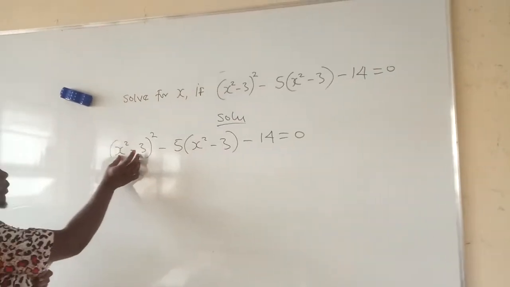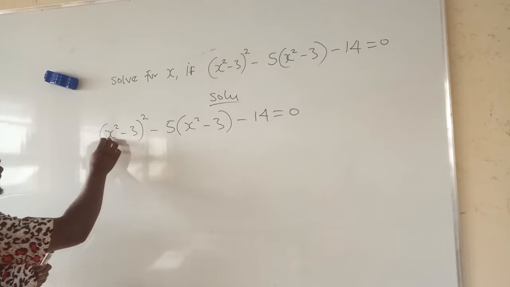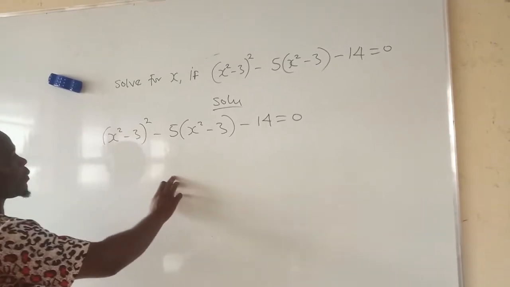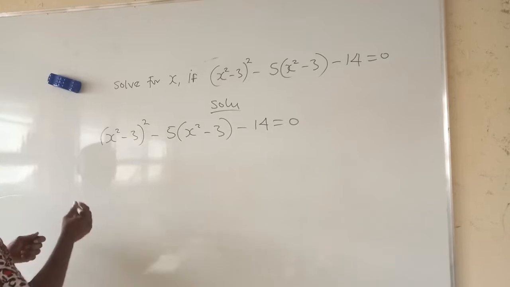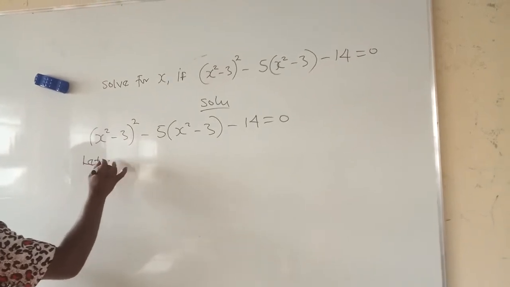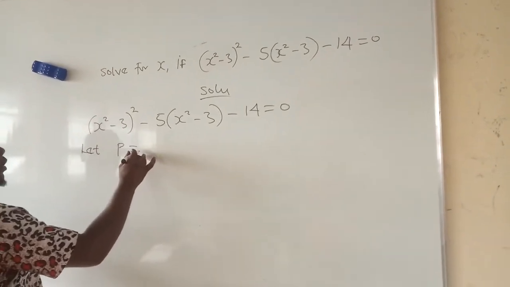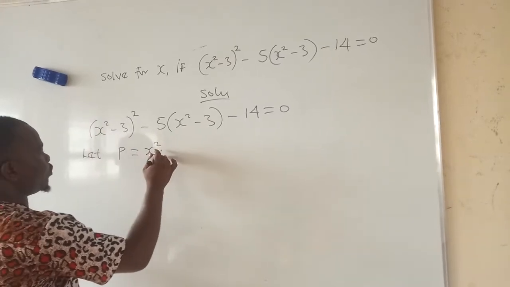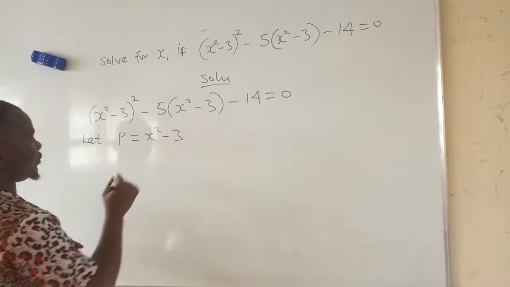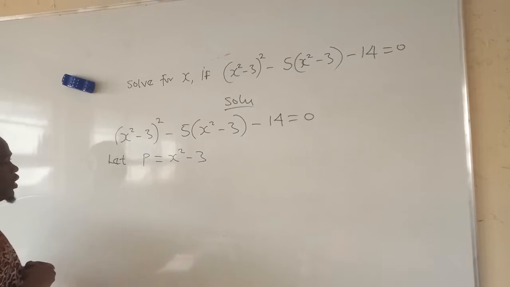Since the bracket here is x squared minus 3, and here the same thing, what you need to do is say, let P equal what is inside this bracket, x raised to the power 2 minus 3. Is that clear? Okay.